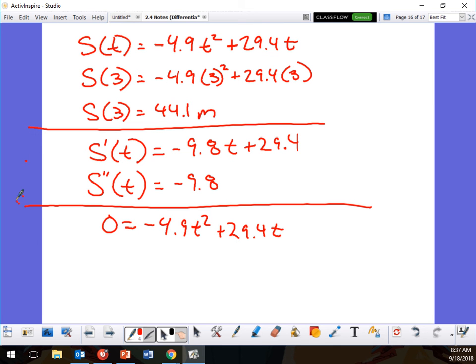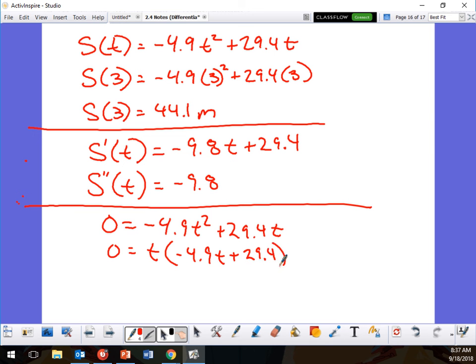Factor, yes. Factor that. Do they have a common factor? T. Take out that T. So it's going to be 0 equals t times the quantity negative 4.9 t plus 29.4.